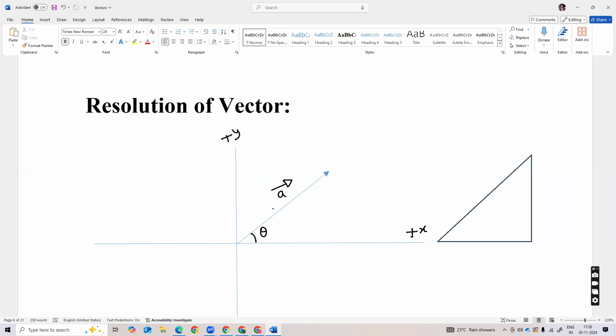If this vector is the hypotenuse of this right angle triangle and this angle is theta, then its resolved part along the positive x-axis is, let's say, vector x, and the resolved part along the positive y-axis is vector y.